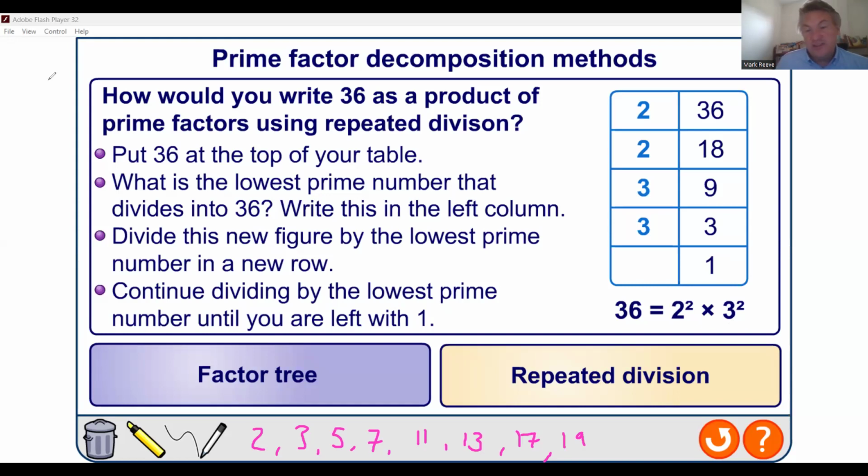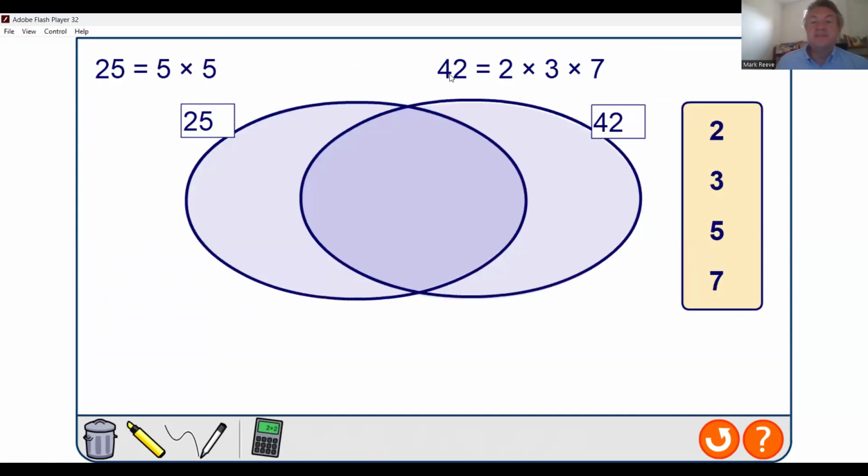In order to use this technique to find the lowest common multiple and highest common factor, we're going to use a Venn diagram. We're going to have a set here for the factors of 25, and over here a set for the factors of 42.